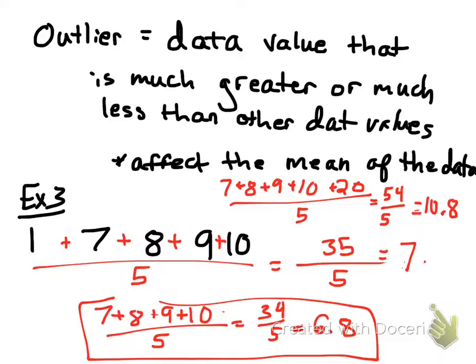Actually, first I'm going to have you identify some outliers. So we'll have you do sample 3A. I'm just going to give you a list of numbers, and I want you to identify which piece of data is the outlier.